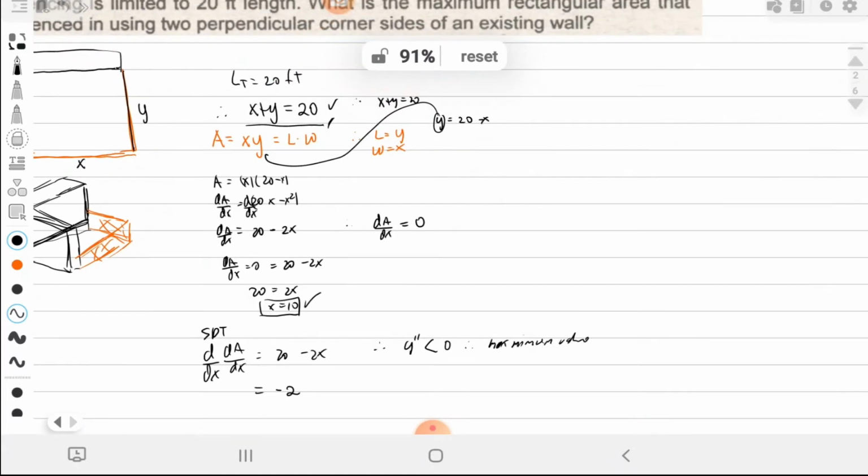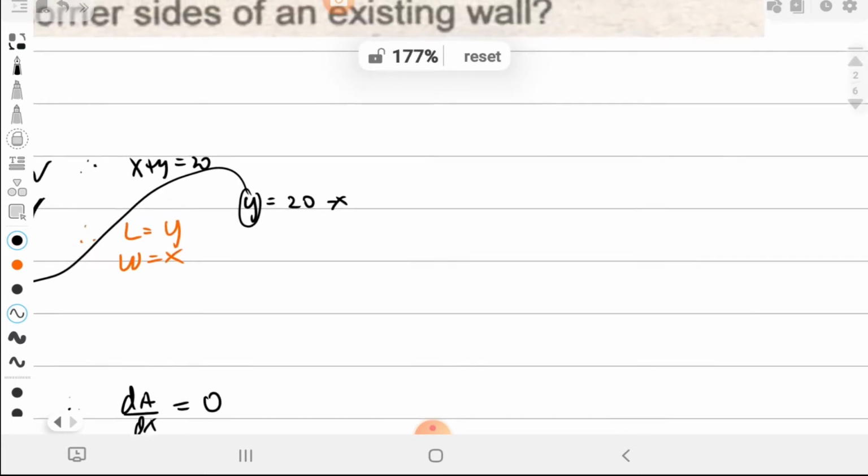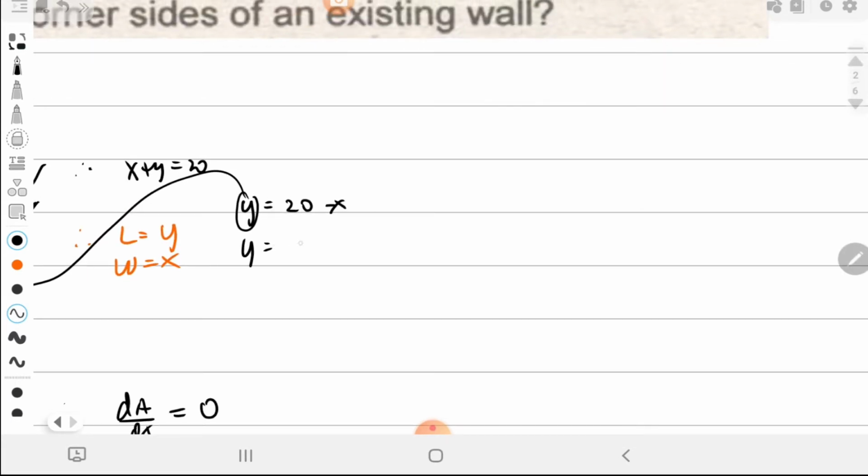So, therefore, since we got the maximum value of 10 in terms of x, we can say that y is equal to 20 minus 10. So, therefore, y is equal to 10. One of the variables was maximized, so y is equal to 10. We cannot maximize both, because if you maximize y and you also maximize x, then of course the 20 feet will not be enough.